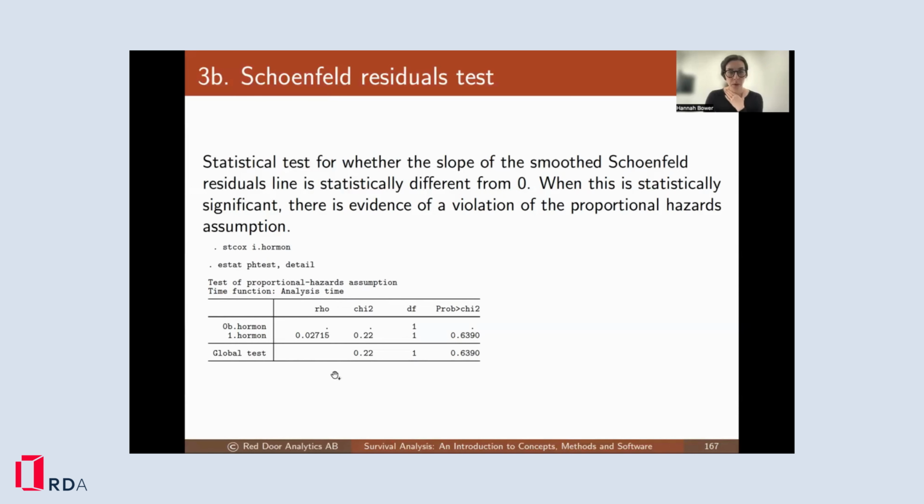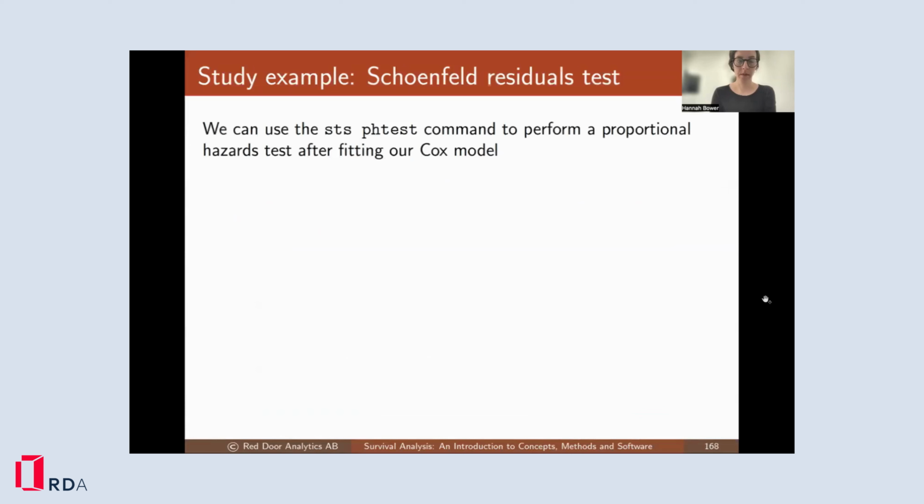And the thing that we're most interested in is these p-values at the end. So these are the tests for whether the residual line is statistically different from 0. So our p-value is greater than 0.05. So from this, we would conclude that there is no evidence of a violation of the proportional hazards assumption, and that proportional hazards seems like a reasonable assumption.